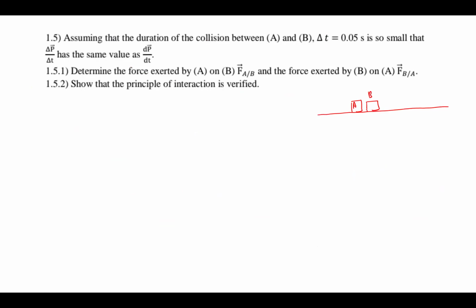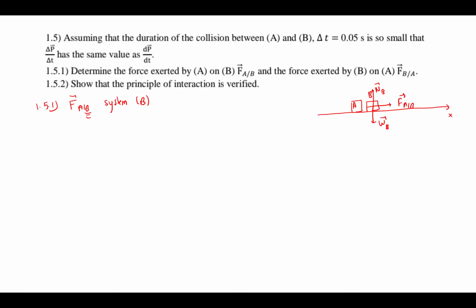So first we'll find the force done by A on B, which means that our system now is B. So I have to trace all the forces done on B, and then we will apply Newton's second law. So we have WB, we have normal B, and we have the force applied by A on B.